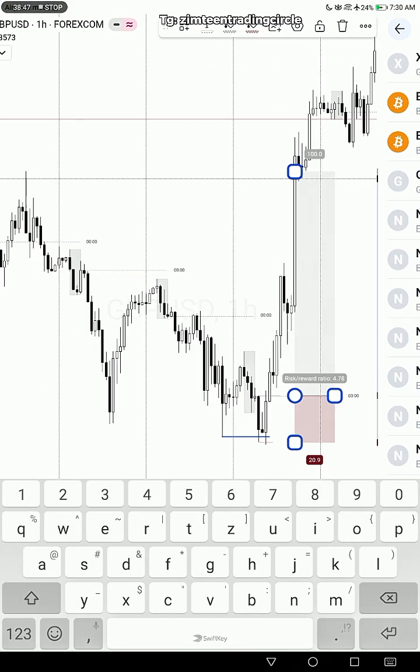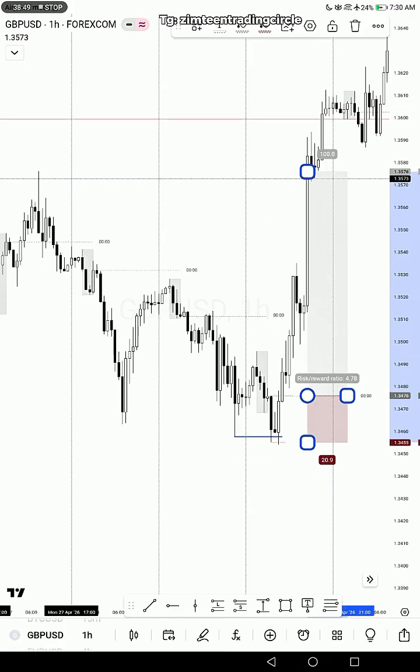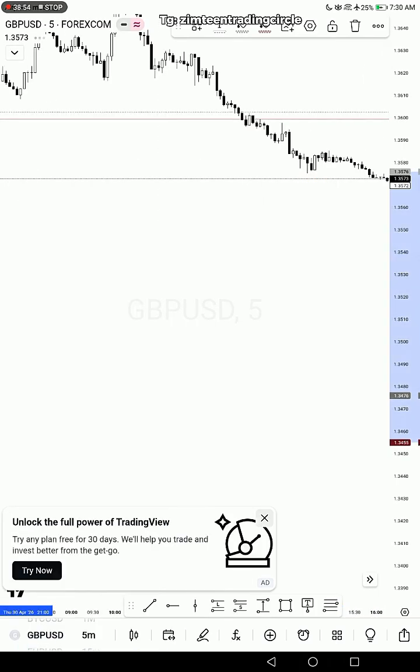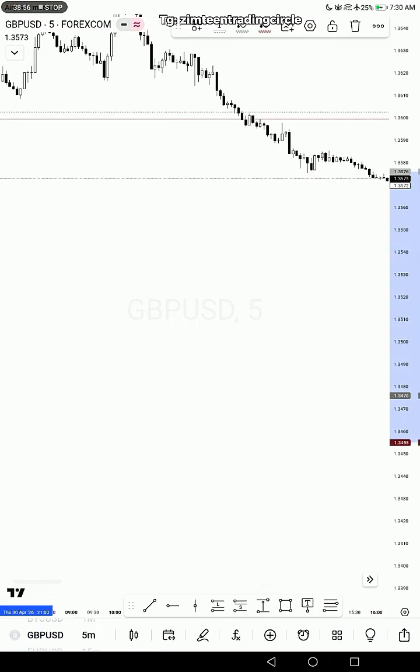But refining it, going to the lower time frame, let's just say the 15 minute or 5 minute time frame, to look out for better entries.